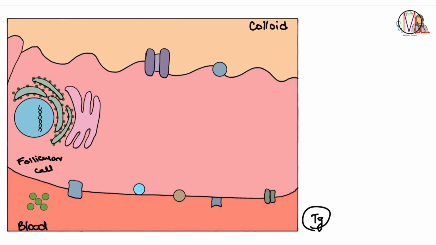So thyroglobulin is a protein. That means it is synthesized in rough endoplasmic reticulum and is made up of amino acids. So let's bring amino acids from blood into the cell, that is the follicular cell.